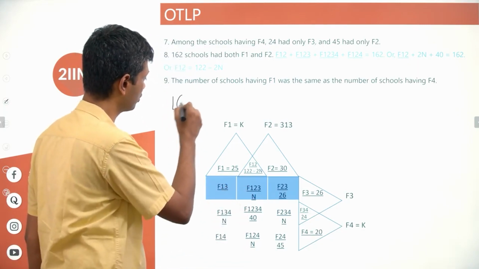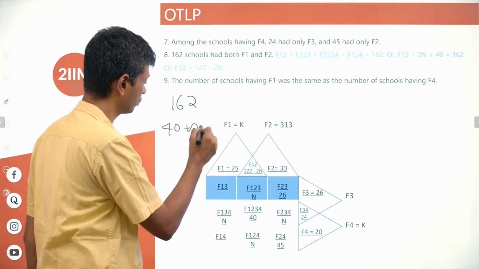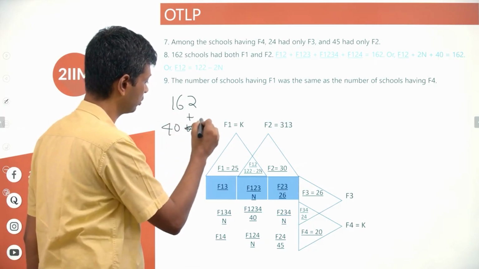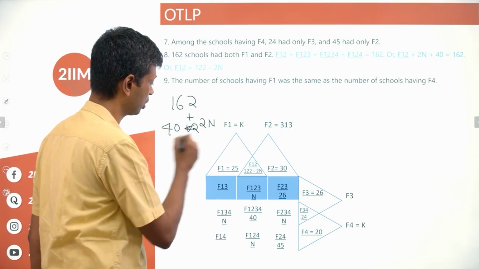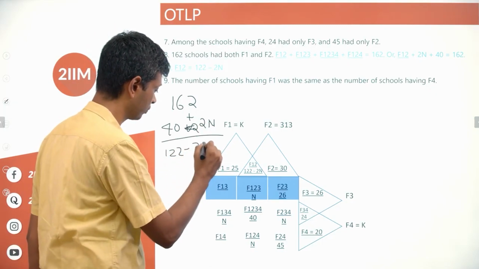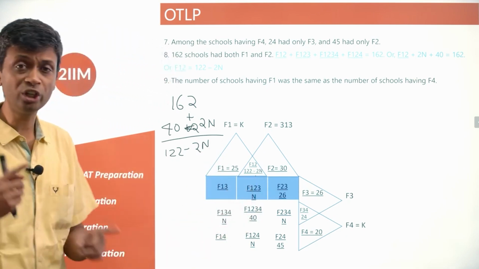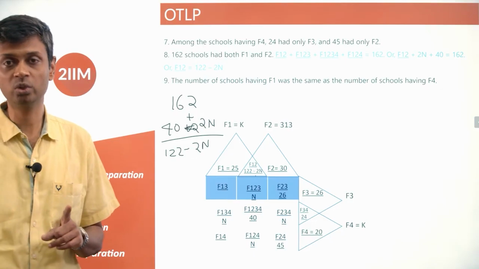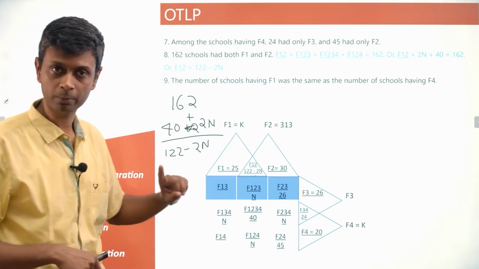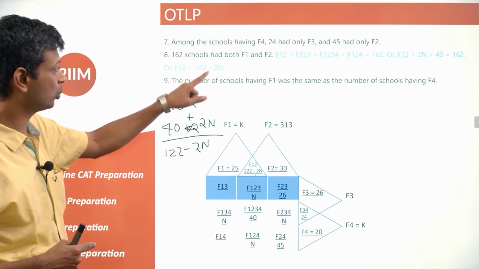So out of 162, 40 plus 2n is accounted for, or we have 122 minus 2n sitting here. So F12, that is only 1 and 2, intersection of 1 and 2 without the other 2, is 122 minus 2n. And so now this helps us capture that 162 had both of them.